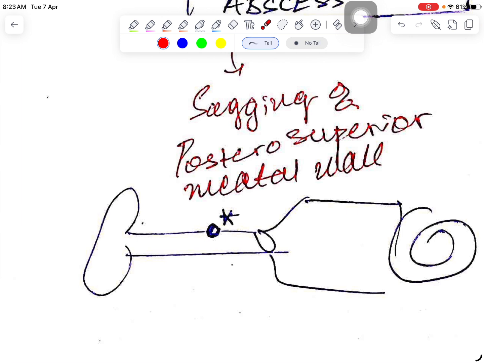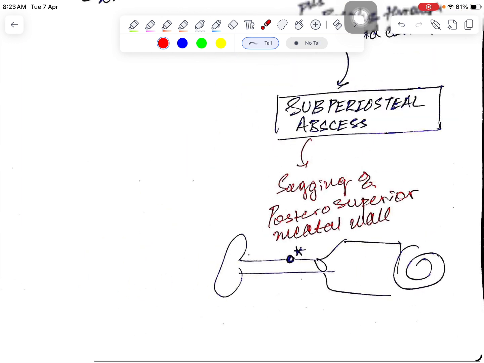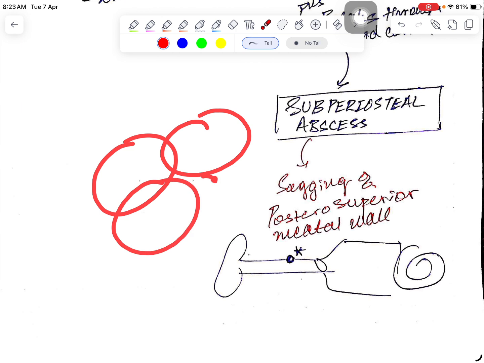When the doctor is looking through the otoscope in the external auditory canal, the posterior superior wall of this external auditory canal looks bulged and as if it is sagging downwards. Why is it happening? Because the antrum is filled with pus, it is pushing everywhere, right?